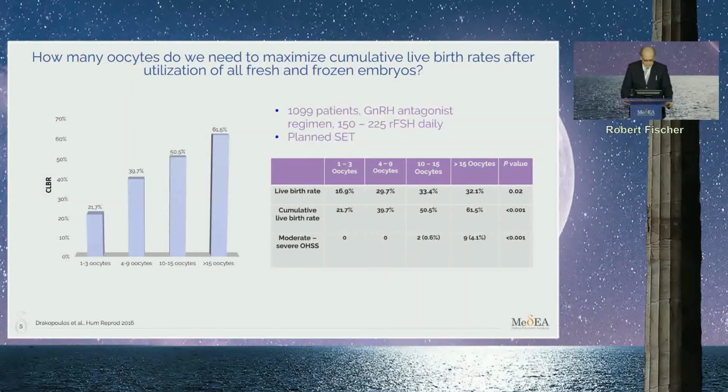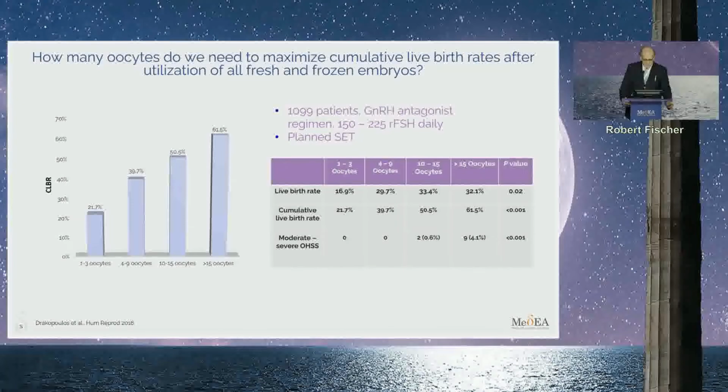And you have heard already of this paper by Drakopoulos to show that the number of the oocytes will increase the probability to have a live birth rate by fresh embryo transfer, but especially the cumulative live birth rate during repeated embryo transfers.